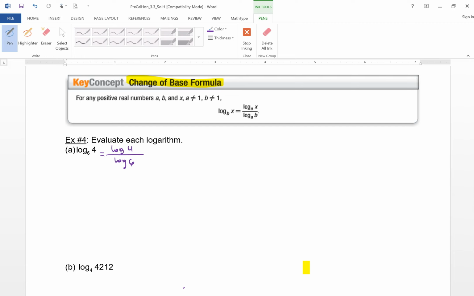Whatever is higher goes on top. Whichever one is lower goes on the bottom. Okay? And now with this, you can put it into your calculator. Now with your new versions of the TI-84, you can input a base and an argument just as it is here, but it used to be that you couldn't do that. So this would have been a good way for you to figure that out on your calculator.